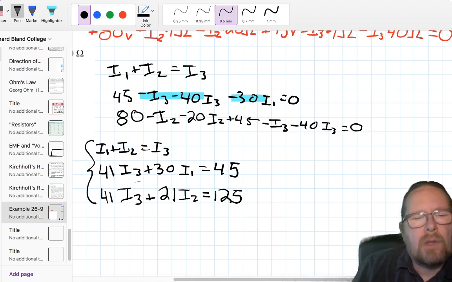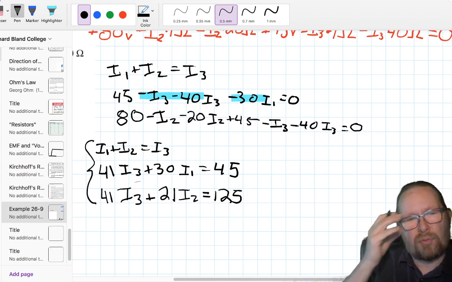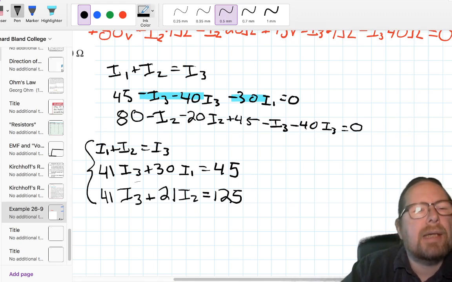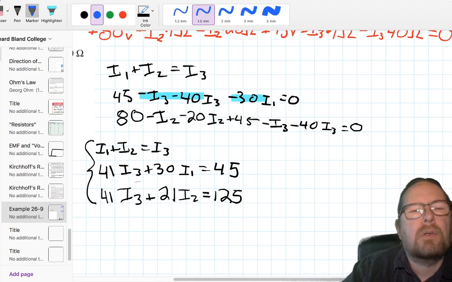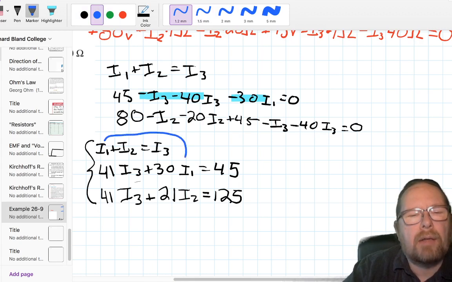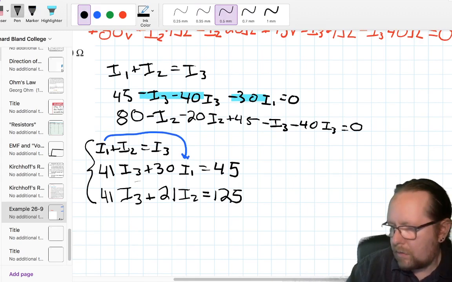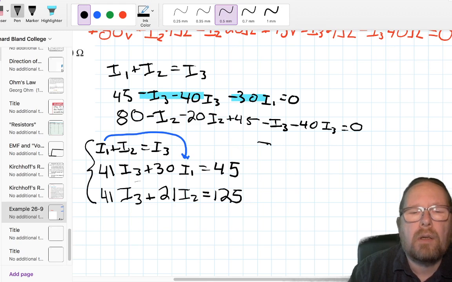Let's see. What do I want to solve for? I guess the obvious thing to solve for is I3 here because it appears in both the bottom two equations. So let's take this and solve it for I1 and plug it in there. Okay? So if we solve that top equation for I1, we get I1 equals I3 minus I2.